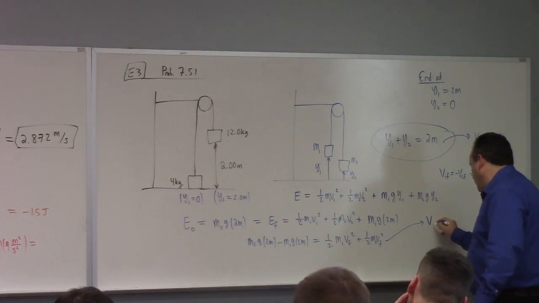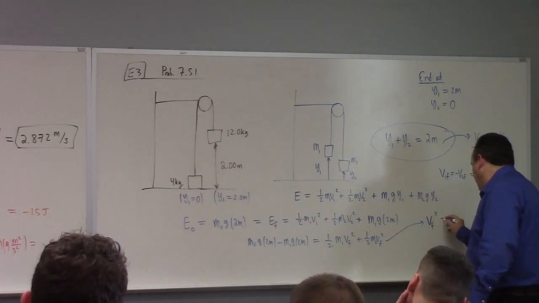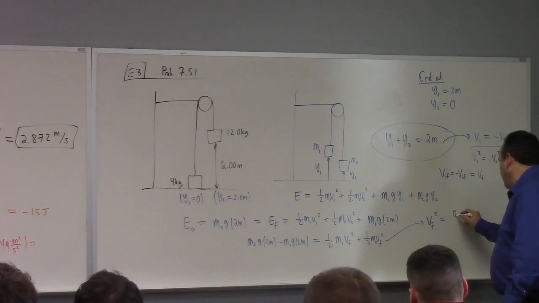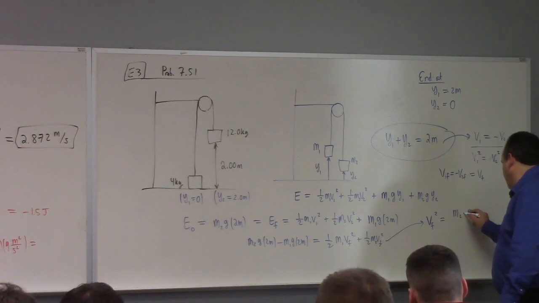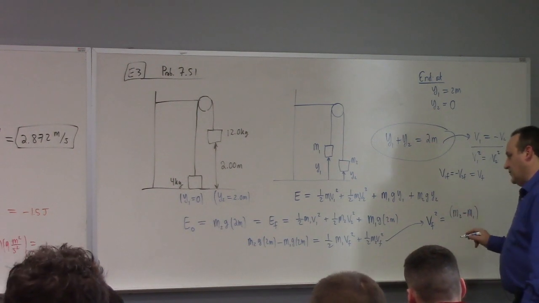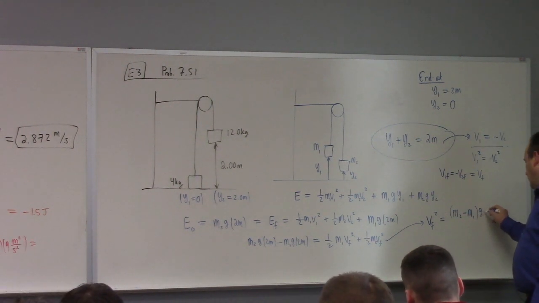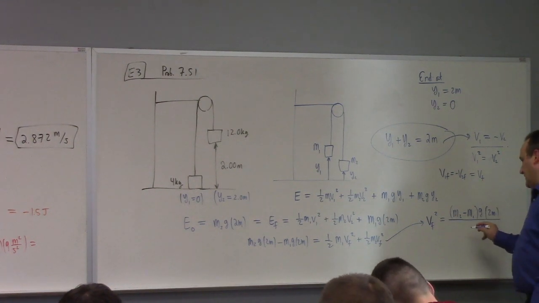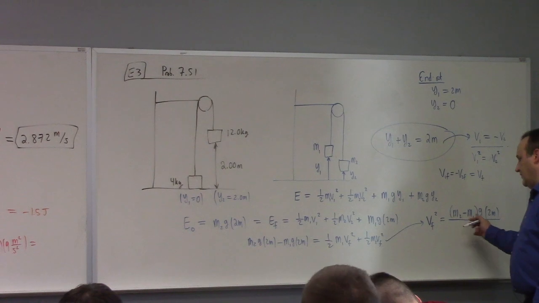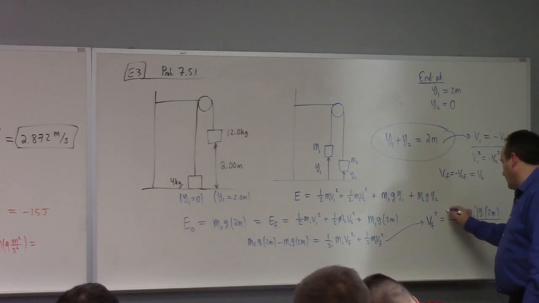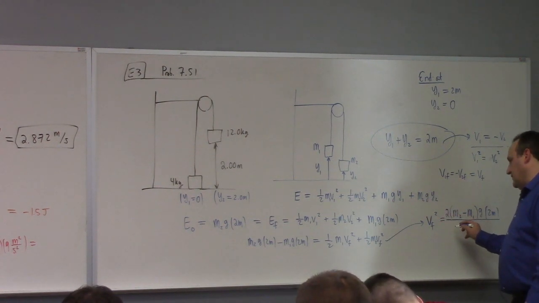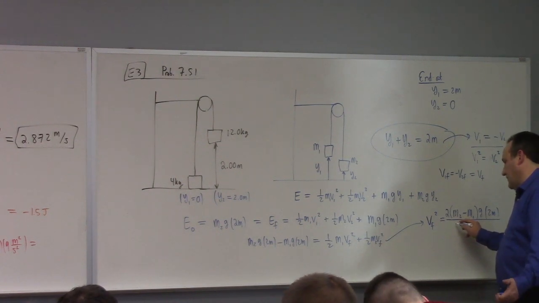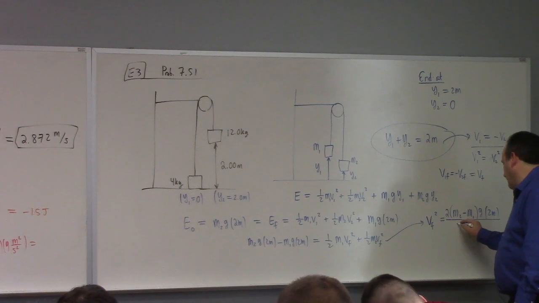We've got vf squared is equal to m2 minus m1 times g, times my 2 meters, which I factored out. And then I'm dividing by, I might as well multiply by 2, so I'll put another 2 up here. And then that gives me m1 plus m2, I believe.